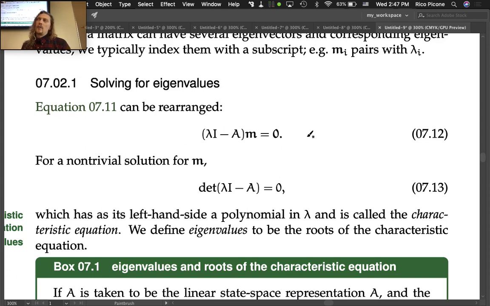I won't prove this, but for a non-trivial solution for m, it can be shown that you need the determinant of lambda I minus A, whatever this matrix is going to be, equal to 0. Okay?